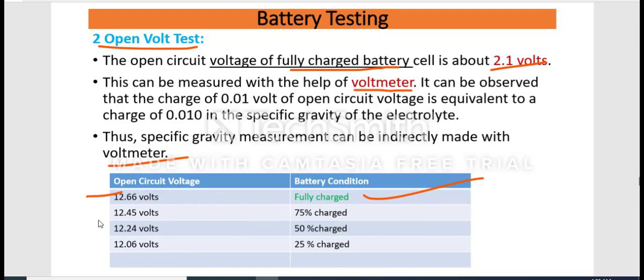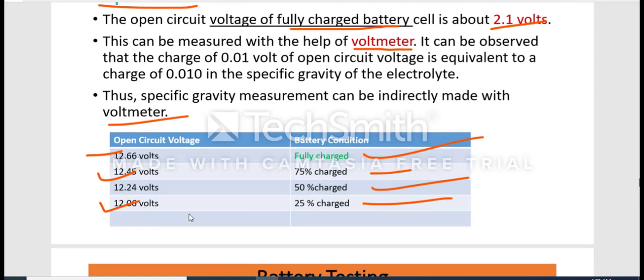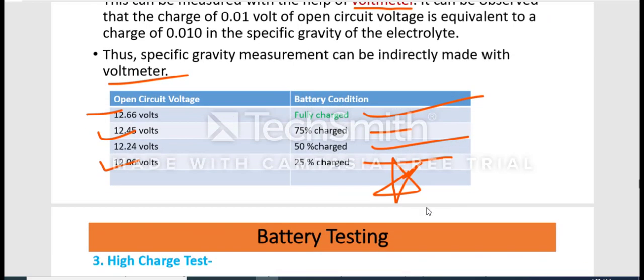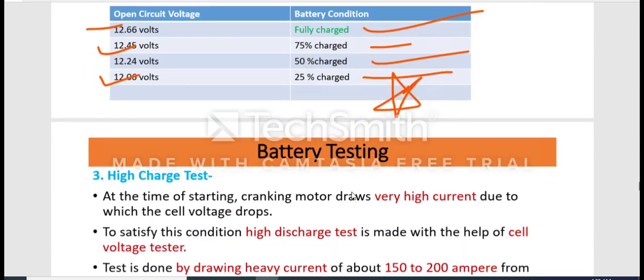If the voltmeter shows 12.45 volts, then it is a 75% charged battery. If it shows 12.24 volts, then it is 50% charged. If it shows 12.06 volts, then it is 25% charged. And if it is less than 12.06, then it is discharged, and you need to replace the electrolyte or maintain the battery.